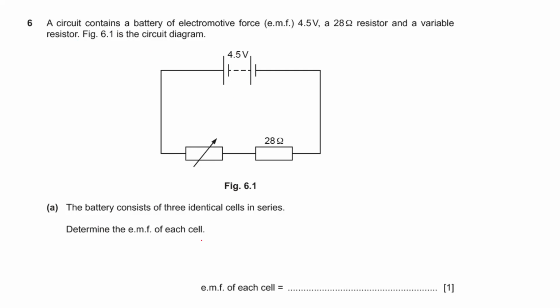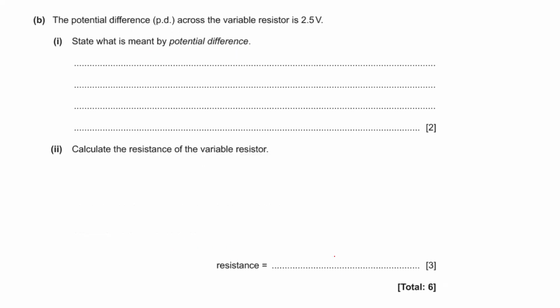So total number of cells is 3. EMF of one cell is 4.5 divided by 3, and this comes out to be 1.5 volts. The EMF of each cell is 1.5 volts. Since these cells are connected in series, just divide by 3 to get your EMF.